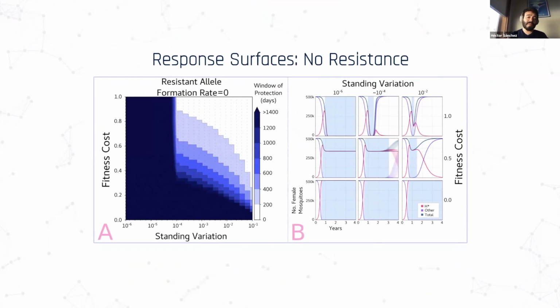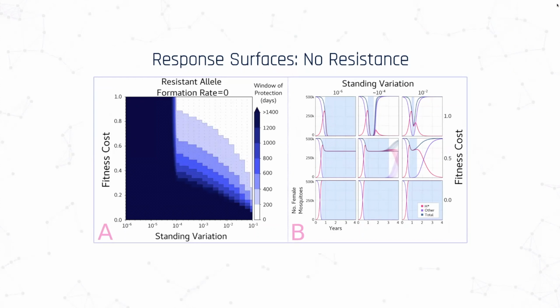I'm going to start with panel B. So the first column on the left, the 10 to the minus 6, is basically the one we saw previously. So there's almost no genetic standing variation. On the top row, we can see the suppression strategy. It's working perfectly. In the lowest row, we can see the replacement strategy. It's working perfectly.